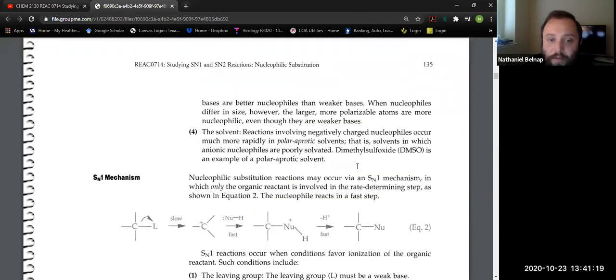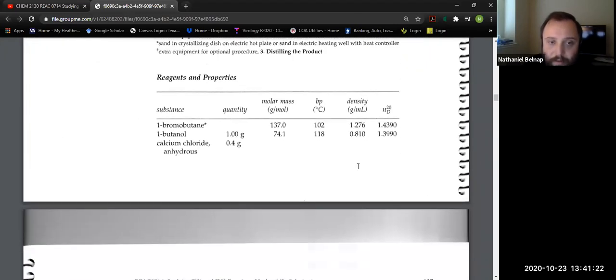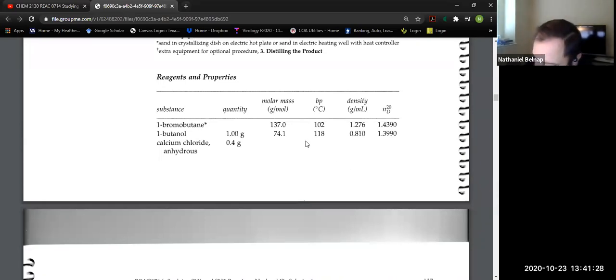So there is a value that we are given. Butanol grams per mole is, I have written down here. And you want the grams to cancel out, right? So you have 1 mole, so you multiply your starting weight times the moles per gram of that. So it's 74.1 grams per mole.